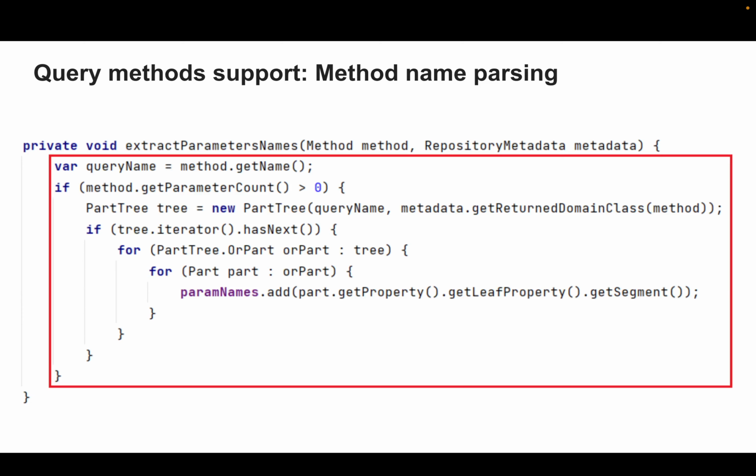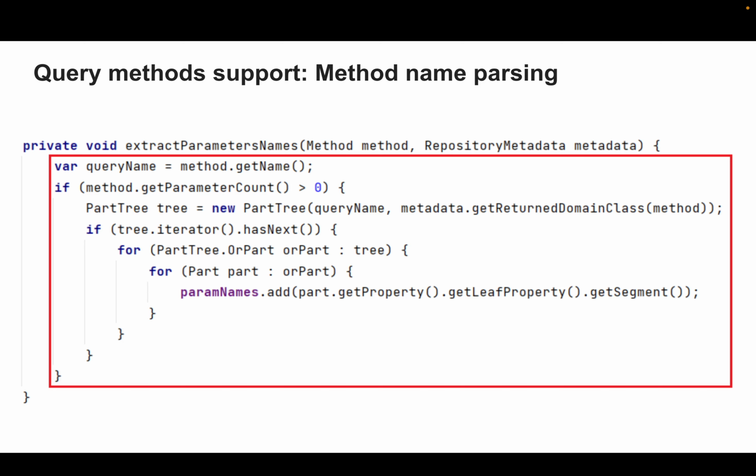We get the method name, we check if we have any parameters inside it, and if we have them, we are building the part tree, that class from the query method support. And then we iterate through the part tree, through the OR part which is inside it, through the parts which is inside the OR parts, and going through all the parts, we are populating the parameter names.